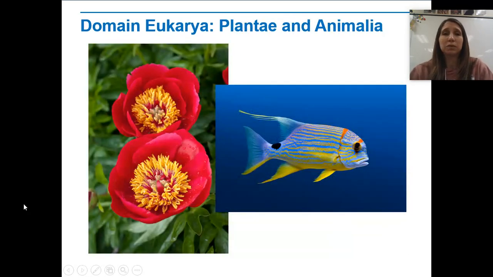Plants and animals, so this is kingdoms Plantae and Animalia, also eukaryotes, right? We all know what plants and animals are, I would hope. So plants, photosynthetic, they're autotrophic, they make their own energy. Animals are very different from that, right? They do not make their own energy. They are consumers and heterotrophs, and they have to obtain energy from consuming other organisms, okay?